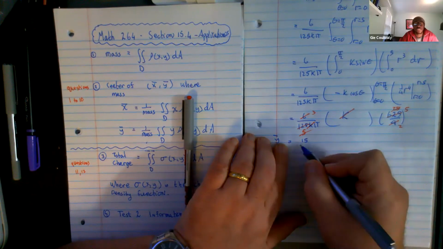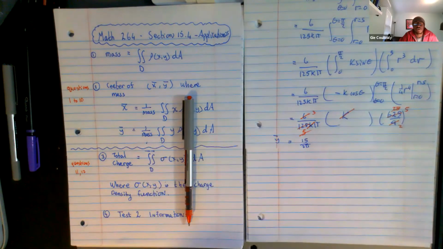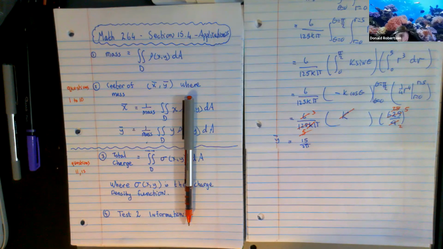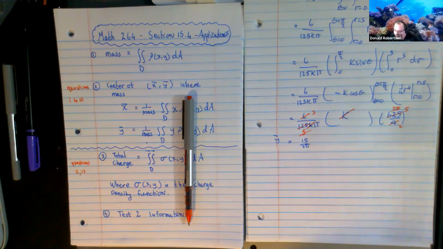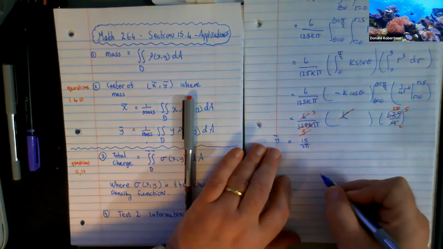Professor, really quick. Yes. Where you have minus k cosine of theta from 0 to pi half, is that supposed to be 0? Isn't cosine of pi over 2 0? Yes. The cosine of pi upon 2 is 0. Right. This is what I did.